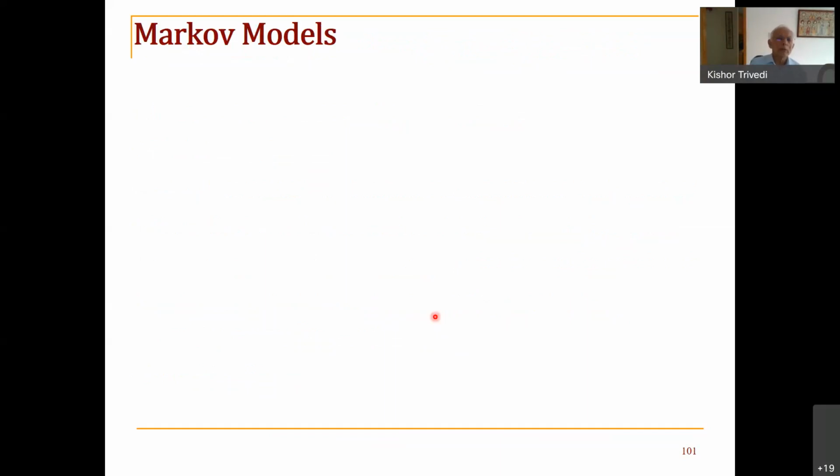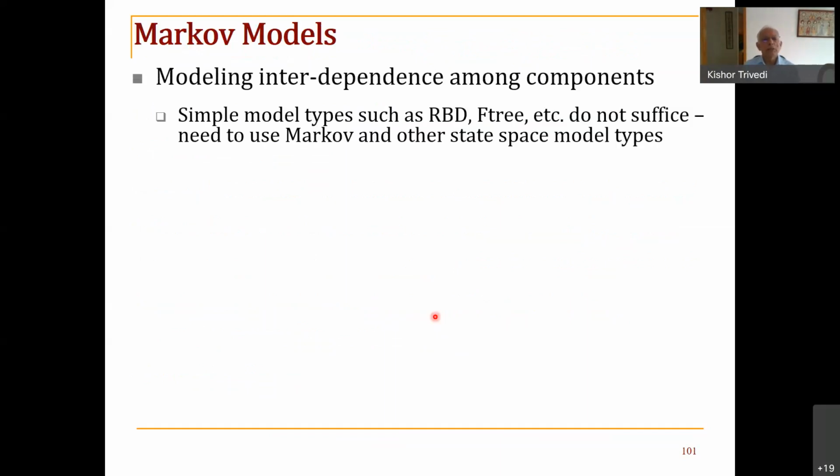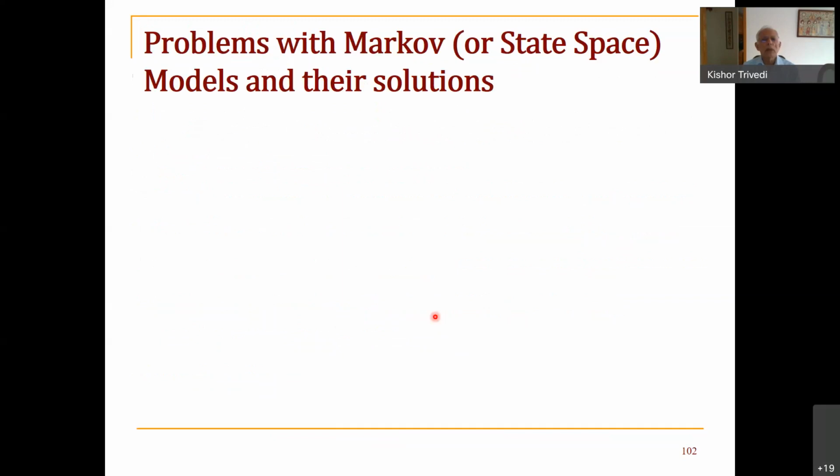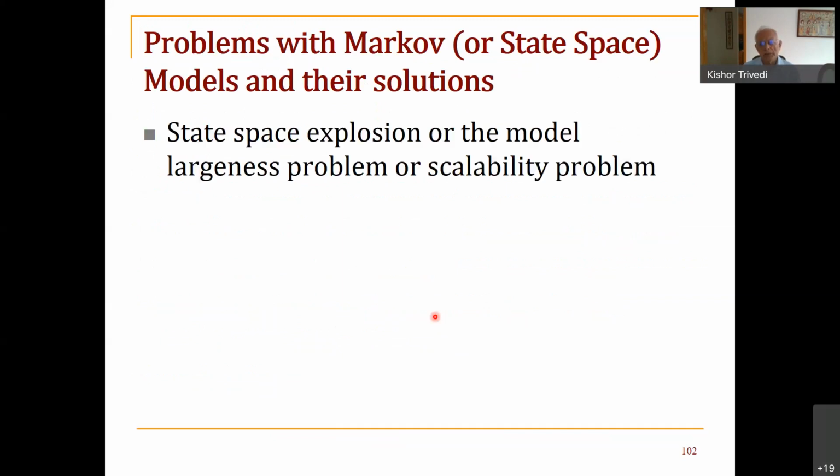So Markov models, modeling interdependence among components: simple model types such as reliability block diagrams, fault trees, etc., do not suffice, and we need to use Markov and other state space model types. But state space explosion is the key problem to deal with. So how do we deal with state space explosion?